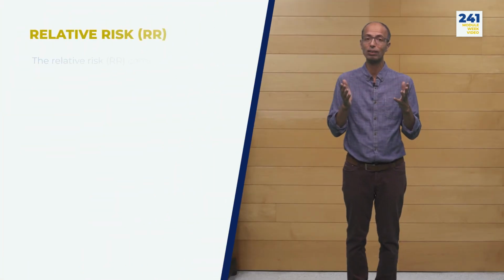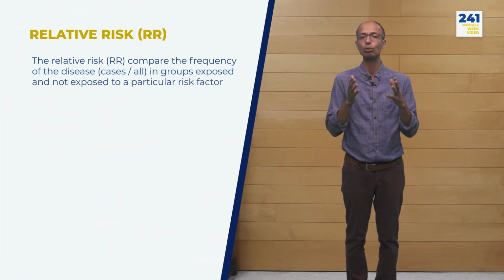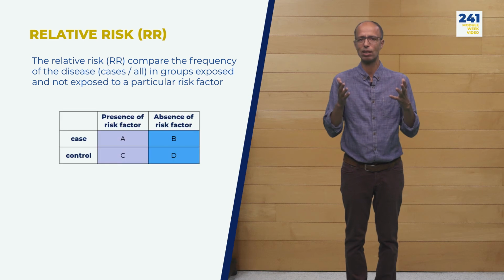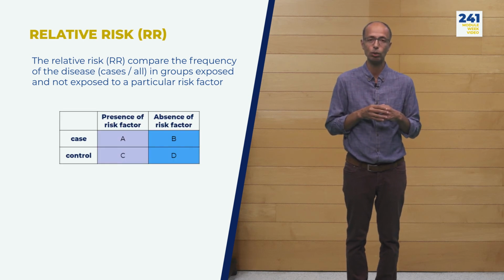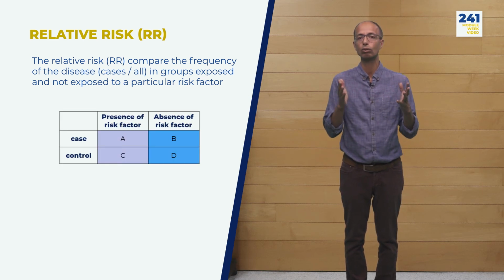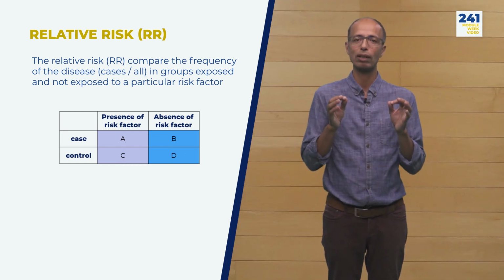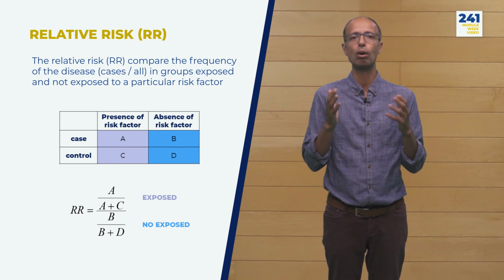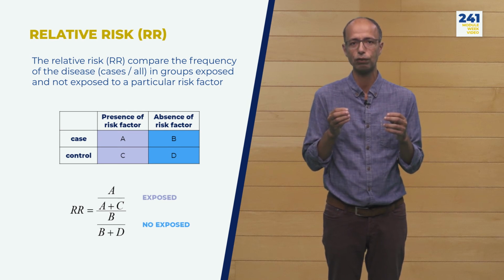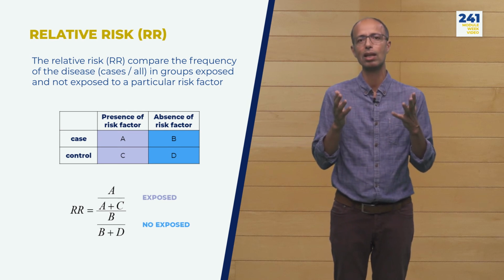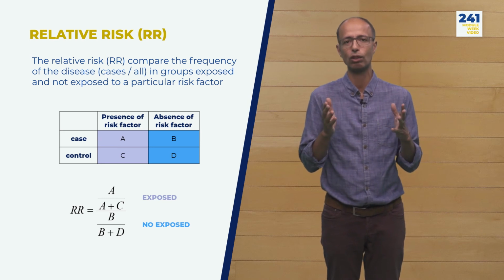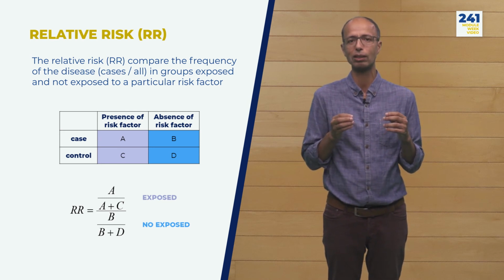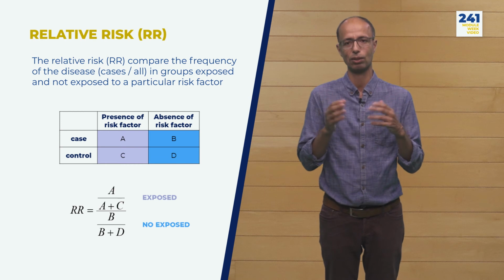In this context, those who have the disease may be called cases and healthy individuals may be called controls. To calculate the relative risk, we count how many of those who have been exposed to the risk factor have the disease in relation to those who have not been exposed to the risk factor and have the disease.